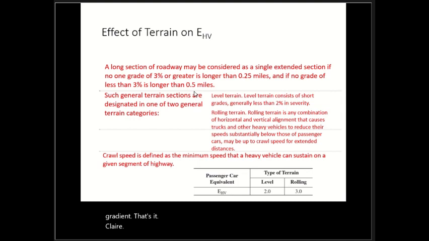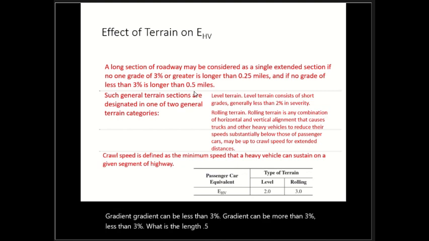We are not checking the gradient here. We are checking the length for the gradient. Gradient can be less than 3%, or more than 3%. Less than 3%, what is the length? 0.5 miles.